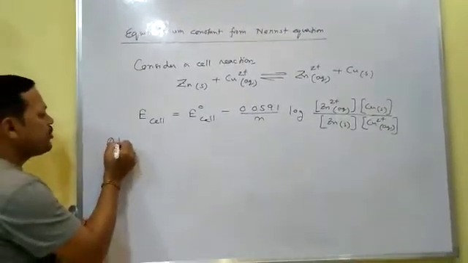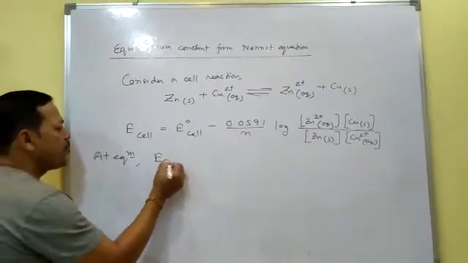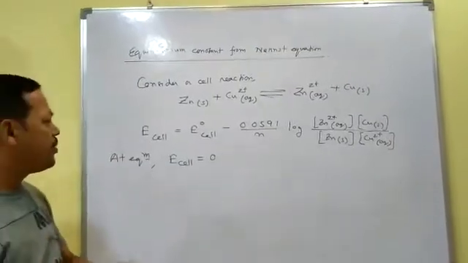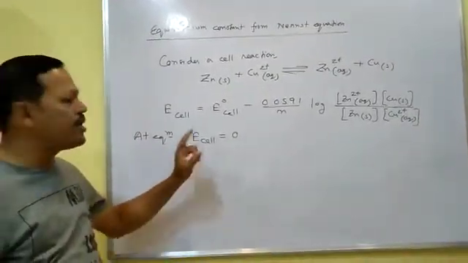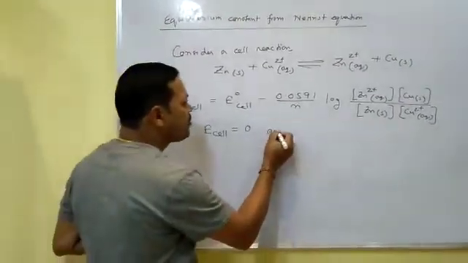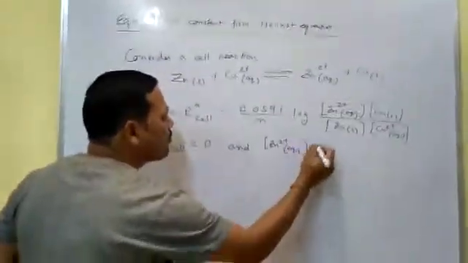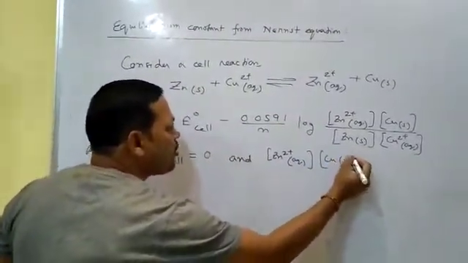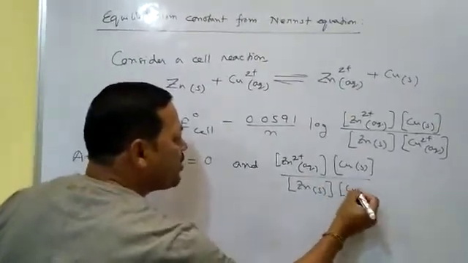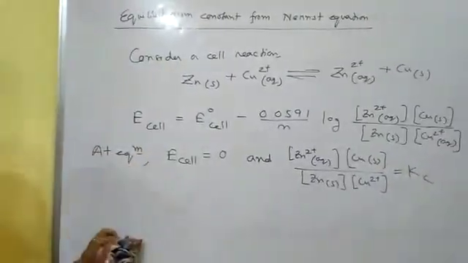If the reaction is at equilibrium, the EMF of the cell is always 0. I mean when the reaction is at equilibrium, the cell potential of the cell is always 0. So E cell will be 0 and multiplication of the concentration of product divided by multiplication of the concentration of reactant, you can write as Kc if the reaction is at equilibrium.